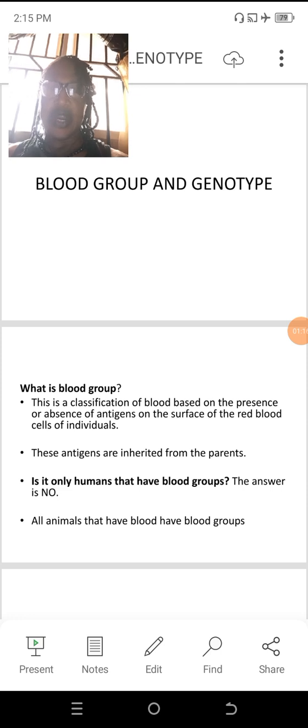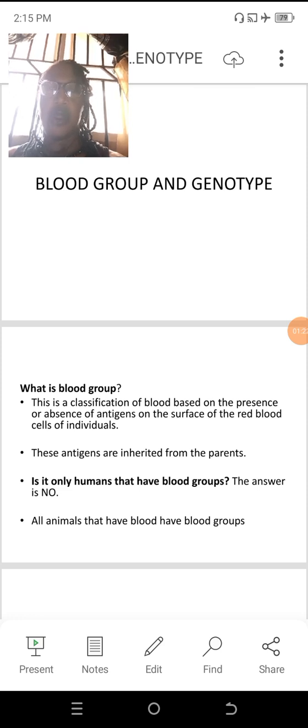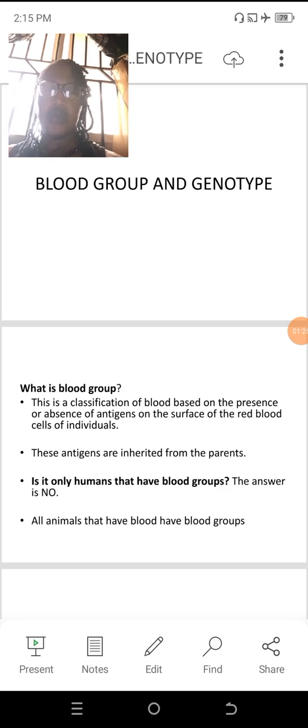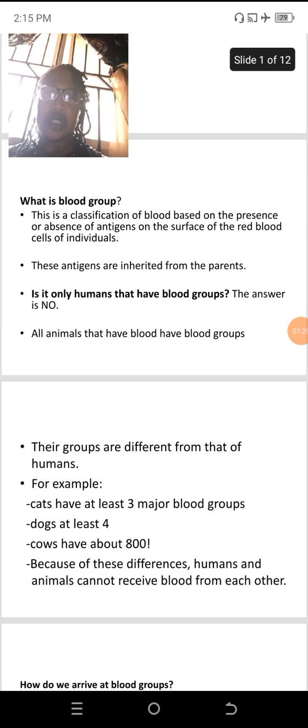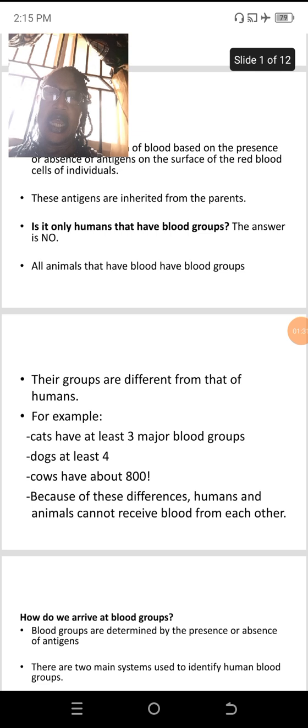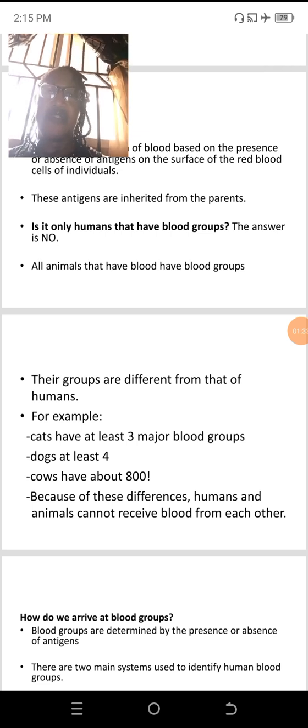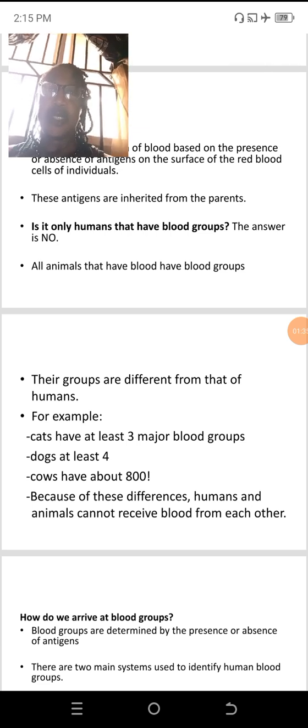Now, the question will arise, is it only humans that have blood groups? No, it is not only humans that have blood groups. All animals that have blood also possess blood groups. And their groups, however, are different from that of human beings.